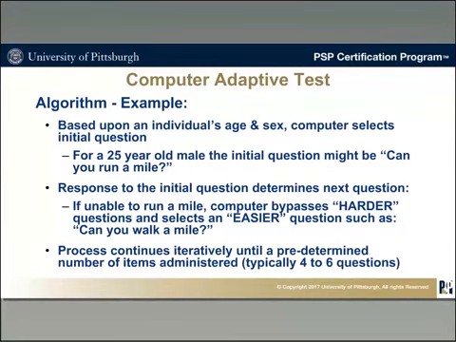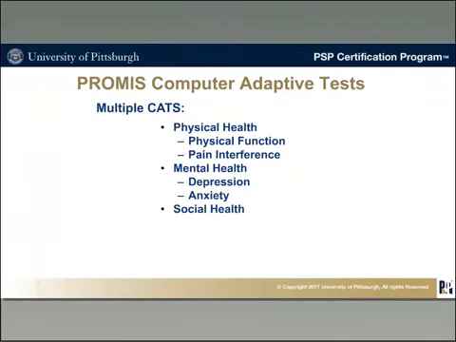And this process will continue iteratively until a predetermined number of questions are administered. And typically, these computer adaptive tests only require 4 to 6 questions to precisely measure an individual on the scale that you're measuring, such as mobility, as we showed in the prior example.